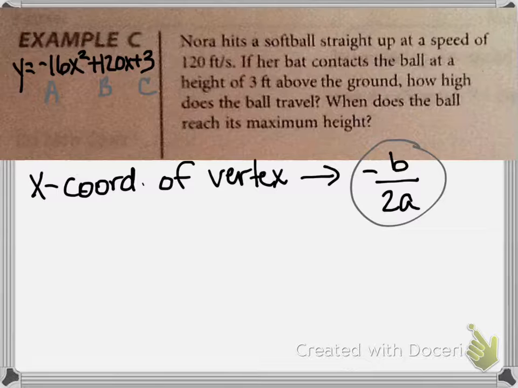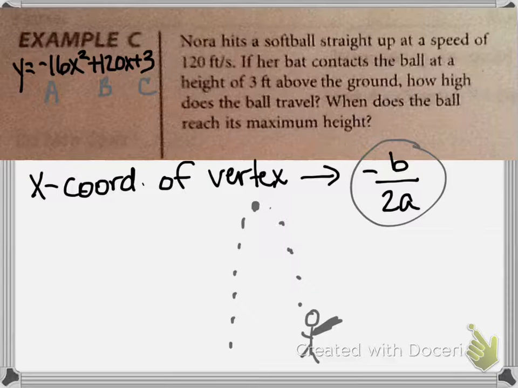Why do I want to do that? If you think about the flight of this softball, she hits the ball straight up into the air. Even if you hit it straight up, it's going to do some kind of a curve to come back down. So the vertex would be the highest point that it gets to.